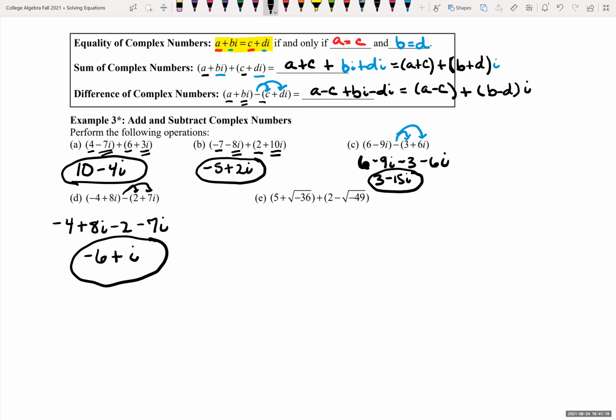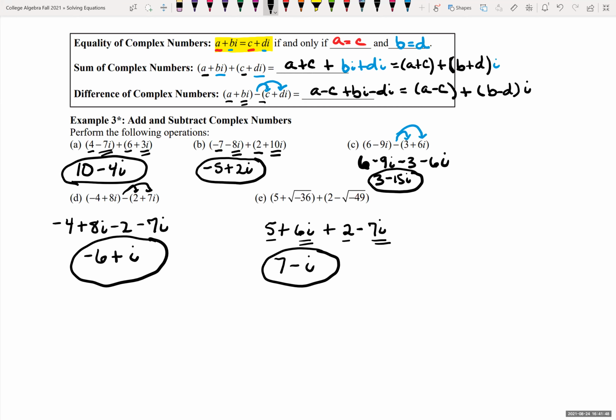So this 5 plus square root of negative 36, that's the same thing as 5 plus 6i, plus, and then 2 minus square root of negative 49, that's the same as 2 minus 7i. Add our real parts together, 5 plus 2 gives us 7. Add our imaginary parts together, 6i minus 7i gives us minus i.